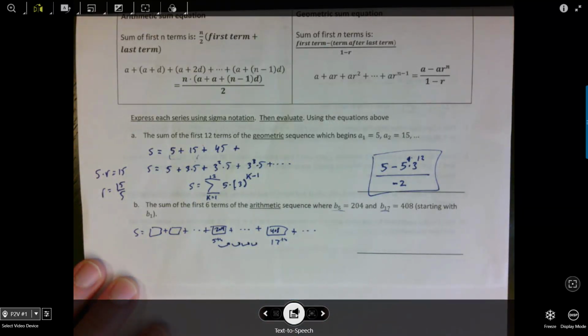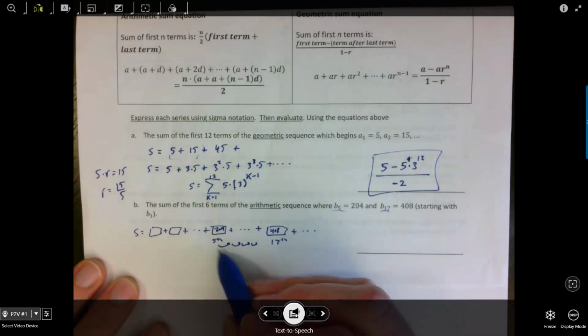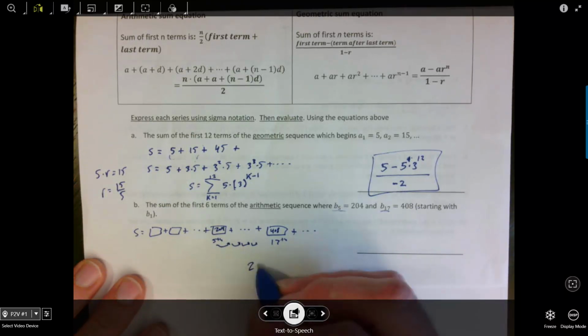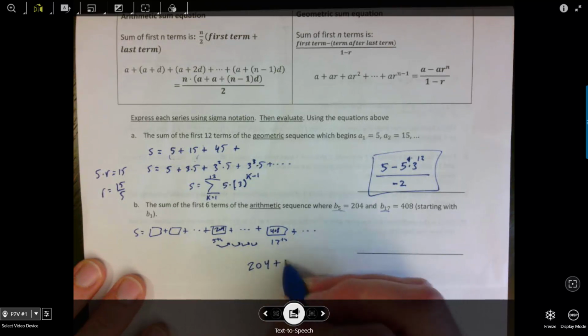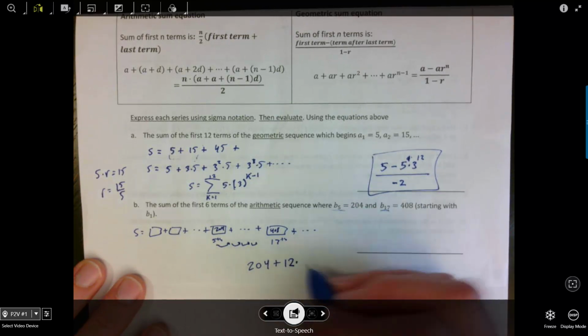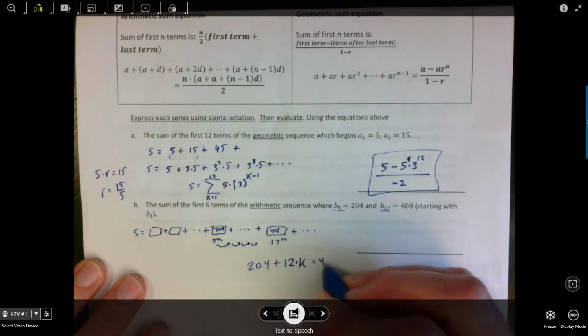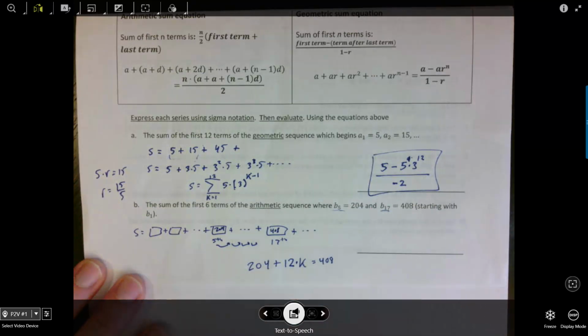So if we know that the 5th term is 204 and the 17th term is 408, let's think how many times we have to add something to get from here to there. So let's see. 17 minus 5 is 12. That means there are 12 hops to get me from 5 to 17. So it's like 204 plus 12 times something. 12 times whatever our constant addition is going to equal 408. Now you could solve for k.